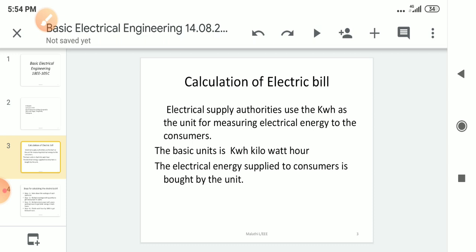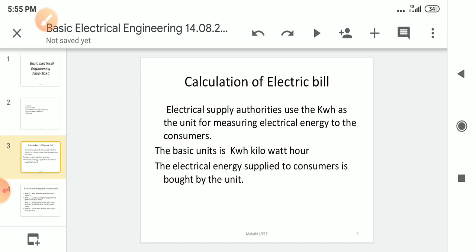Our first concept is the calculation of electricity bill. The energy cost of an appliance is required to know the electricity bill, which is given by the electricity department. Every device or appliance is marked with some watts.